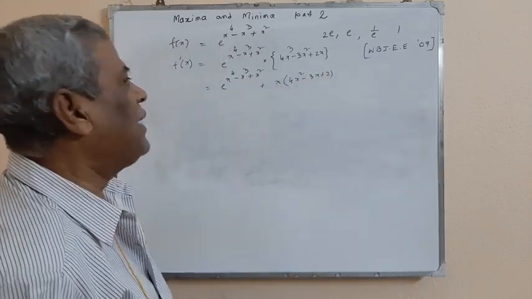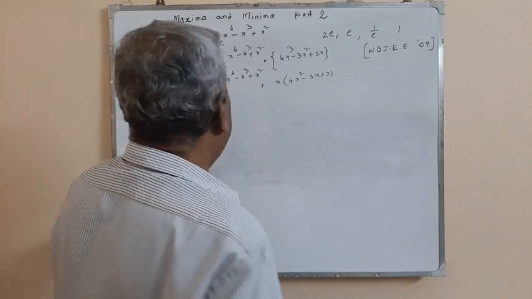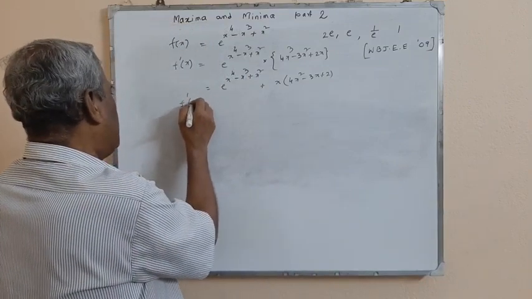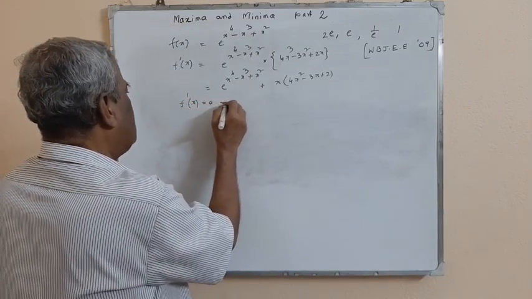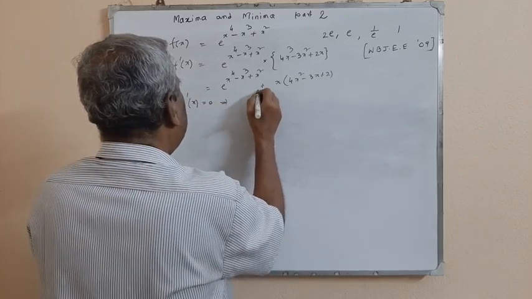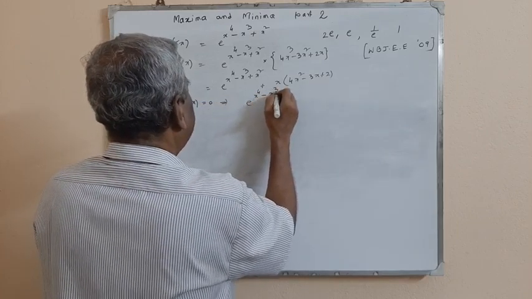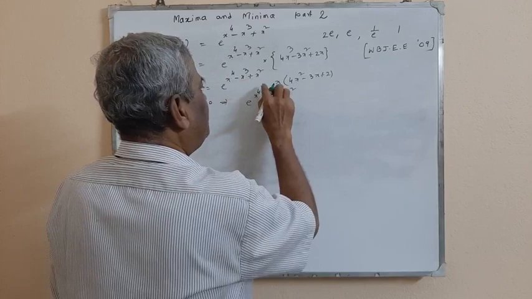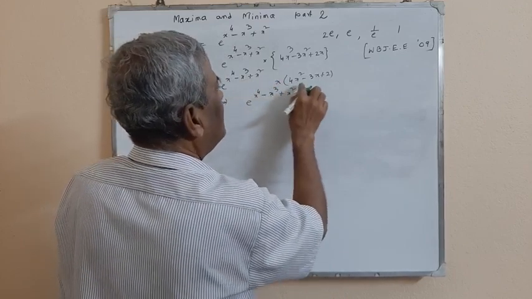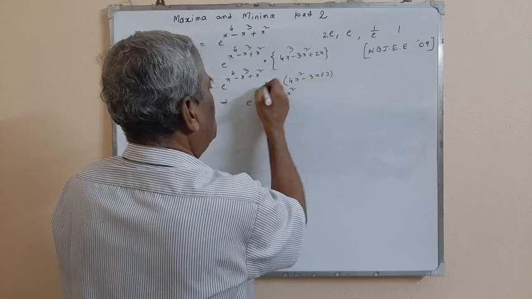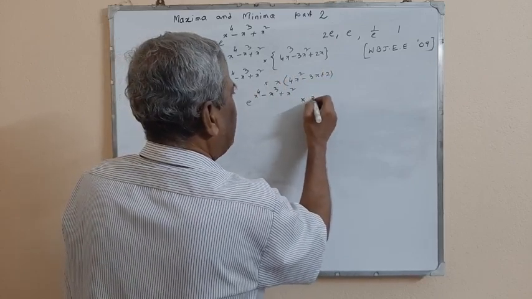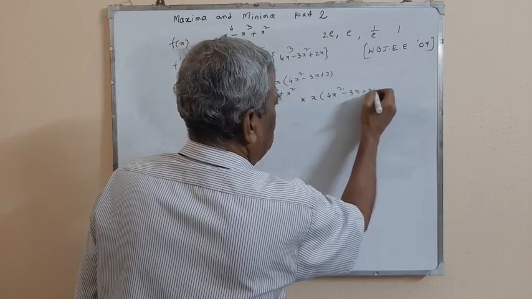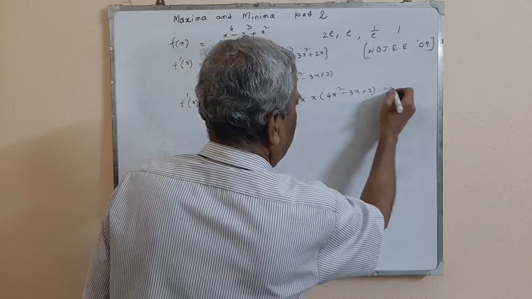For maximum or minimum, the first derivative, that is f dash x, should be 0. So f dash x equal to 0 gives e to the power that into x into 4x square minus 3x plus 2 is equal to 0.